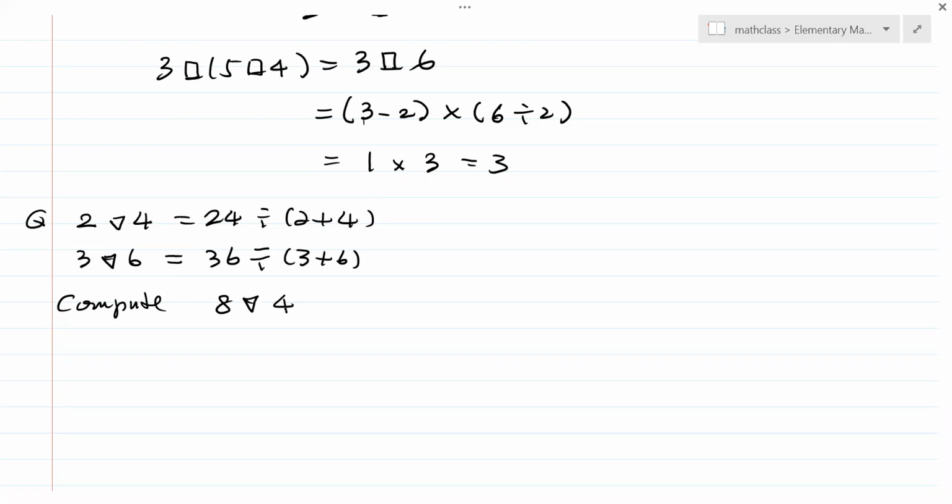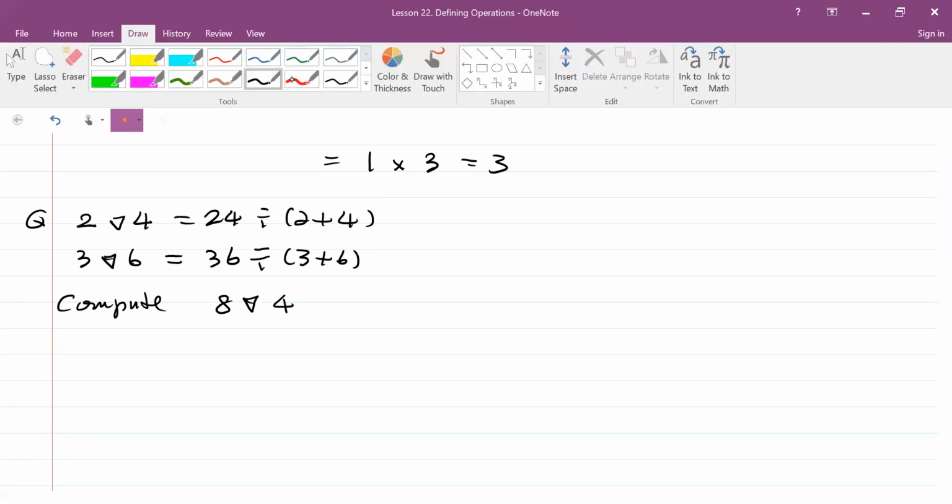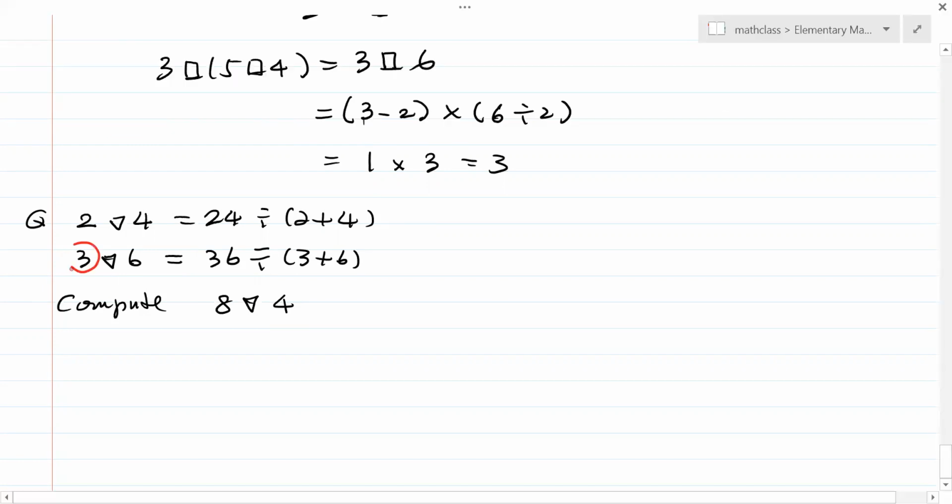I guess you already figured it out. Look at this pattern. 3 is here, right? 6 is the second digit. Then you can see, yeah, this is like testing IQ.